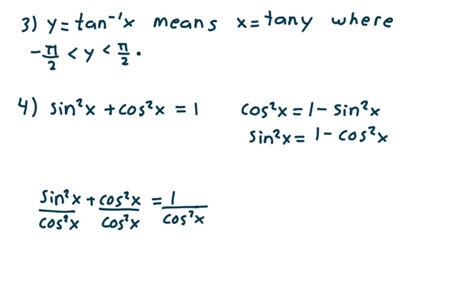And so on number 5, this says tangent squared x plus 1 is the same thing as secant squared x. Okay? Now, here's where the fun begins.